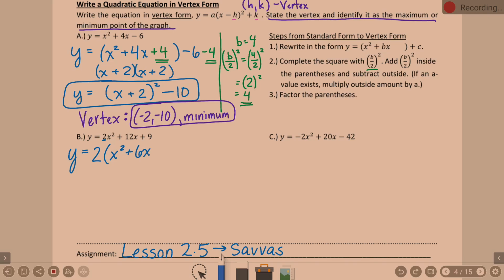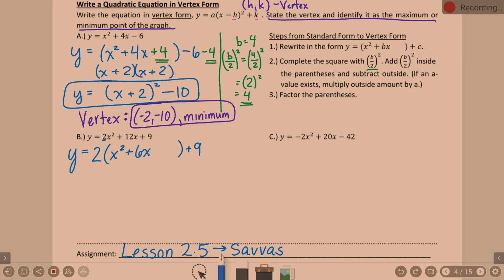I'm going to leave my gap. I'm going to end my parentheses. My plus 9 got kicked out back. And it doesn't change, because is it in the parentheses being multiplied by 2? No. So you just factor that 2 out of your x squared and x term. Are we okay with that, step 1? That's the twist when there's an a value.